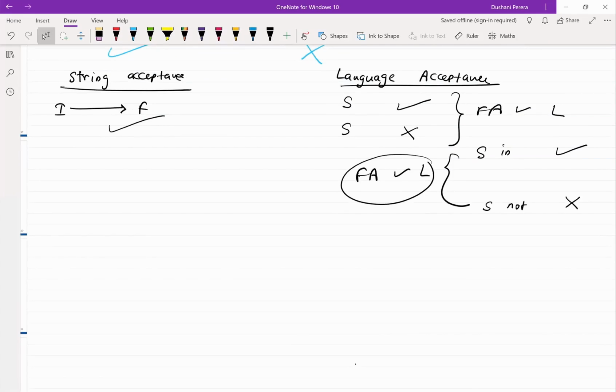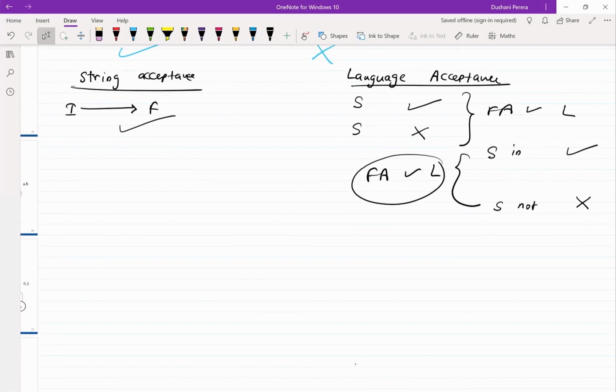Okay, let's take the simplest DFA. Here you have only one state, and that state is both the initial state and the final state. And we have shown how the transition happens as well.